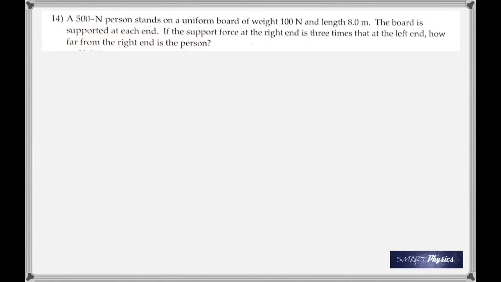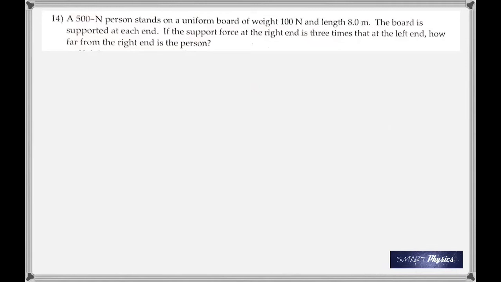14. A 500 newton person stands on a uniform board of weight 100 newton and length 8 meter. The board is supported at each end. Now there are two supports. And if the support force at the right end is 3 times that at the left end, how far from the right end is the person?